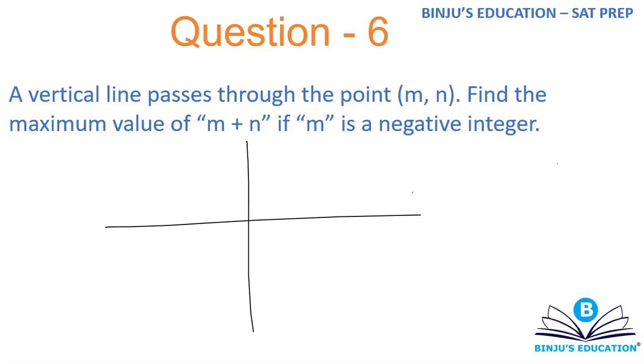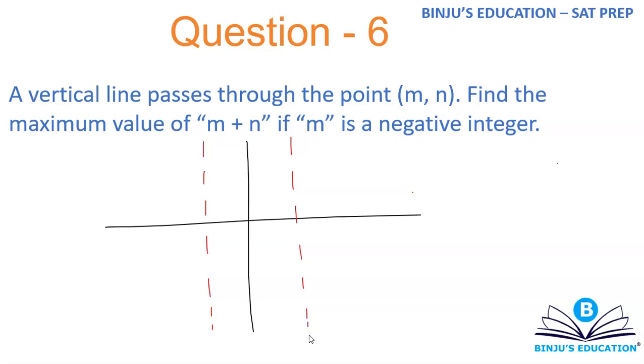All right, so I have a vertical line, which means the lines are going to be either something like this, basically on the left of the y-axis, or something like this. Now the line is passing through (m, n). It's a vertical line, guys. Observe it yourself. If it is a vertical line, can I say the x coordinate of all the points lying on the line will be the same?